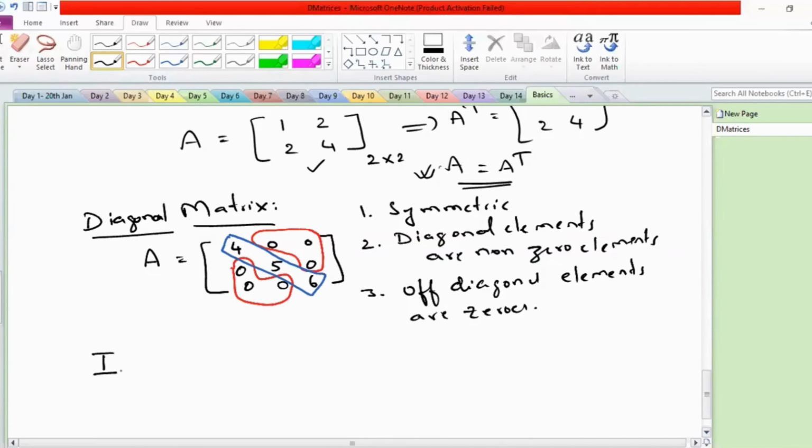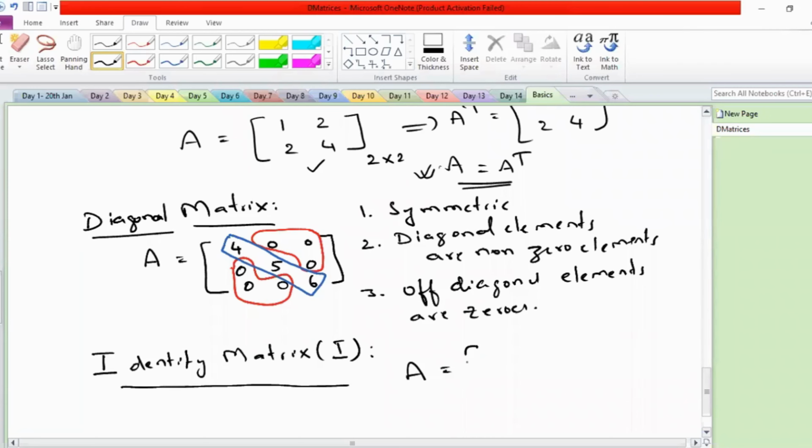Now let us look into the definition of another matrix, the identity matrix, usually identified by capital I. If the diagonal elements of any matrix are 1 and the off diagonal elements are zeros, then it is called an identity matrix.